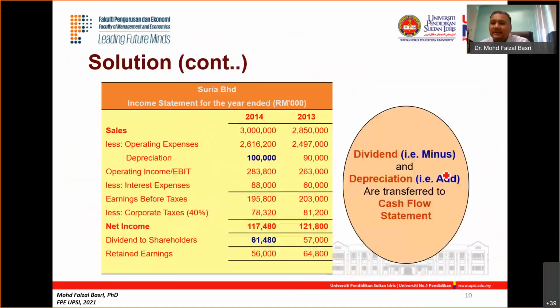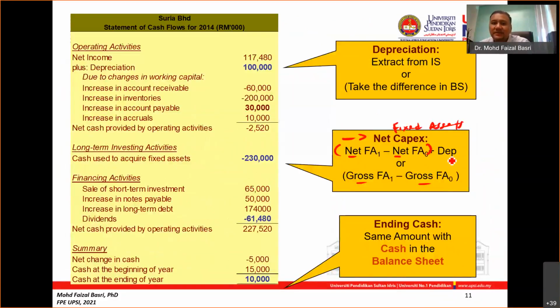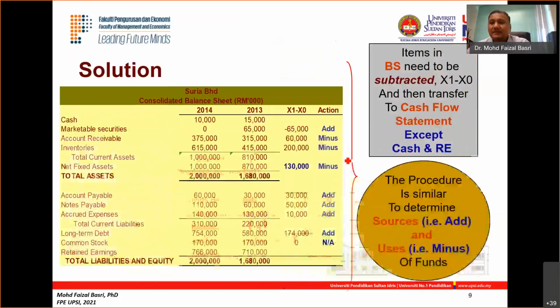But we need to add depreciation. And our depreciation earlier was 100,000. So 130,000 plus 100,000 is 230,000, minus, because net capital expenditure is a minus sign. So the difference is 130,000, the depreciation is 100,000, so a total of 230,000, and the minus sign is based on this.